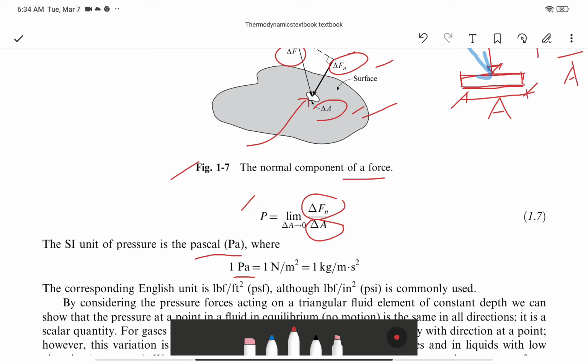And we know that Newton per meter square is also equal to 1 kilogram per meter second square.